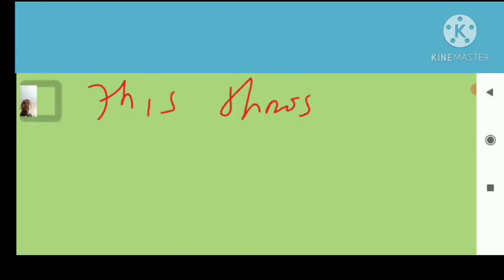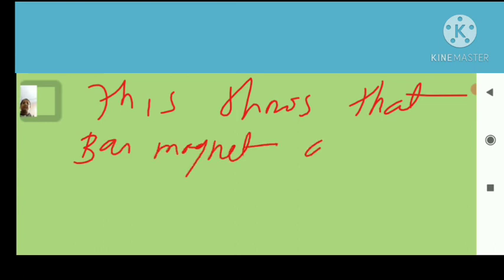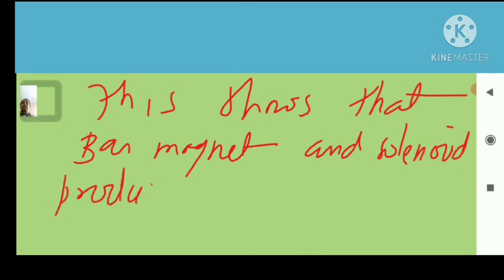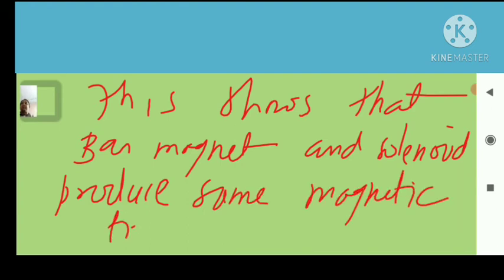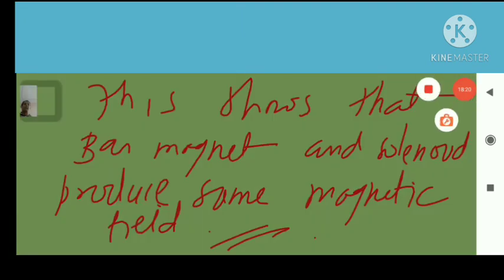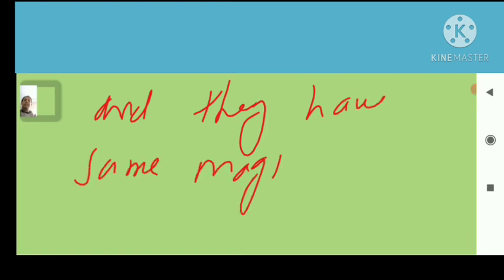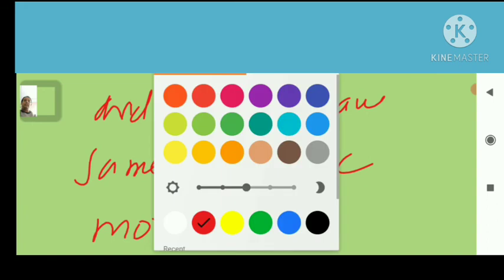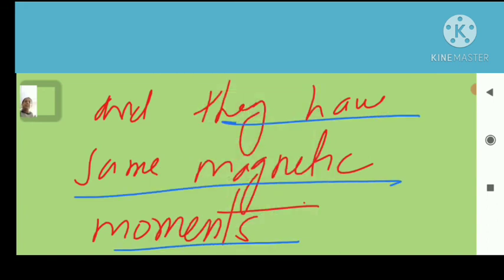This shows that a bar magnet and a solenoid produce the same magnetic field, and they have the same magnetic moment.